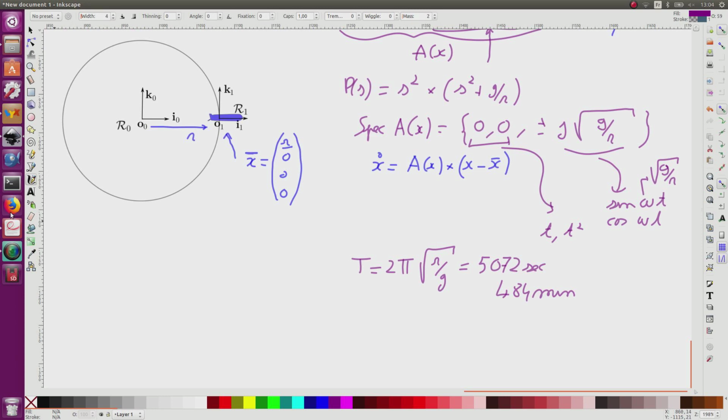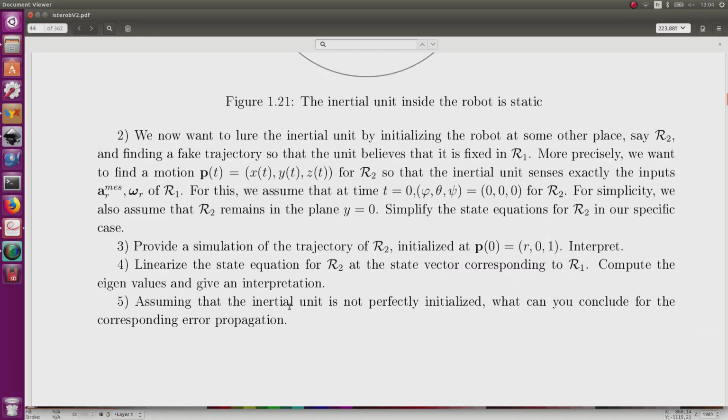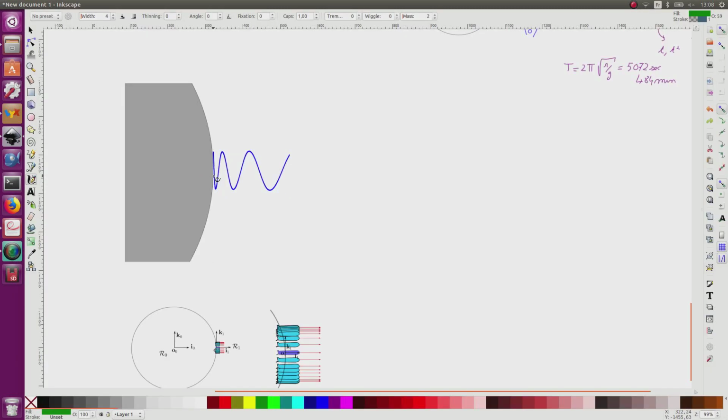So I come to the last question. Assuming that the inertial unit is not perfectly initialized, what can I conclude for the corresponding error propagation? Previously, I was in a situation where the robot were here, and I have found a trajectory such that the robot feel exactly the same as if it were here.